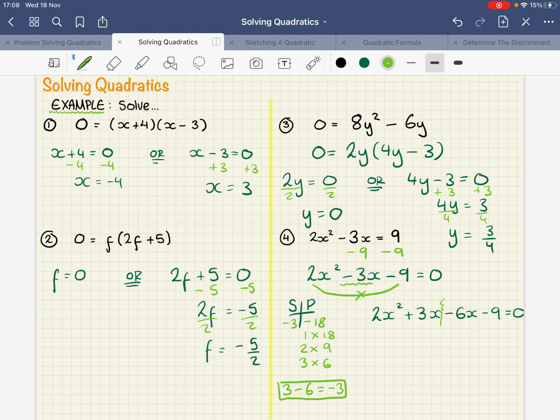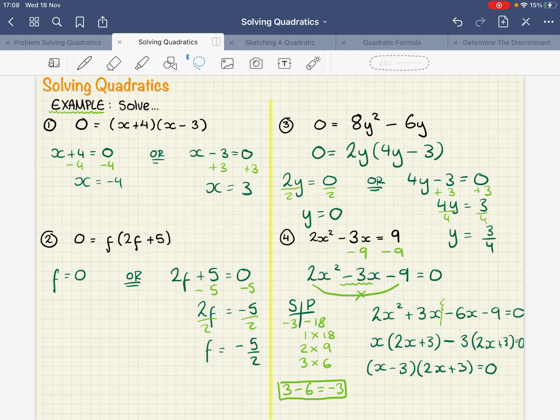Split it down the middle, factorize both sides, so I've got x bracket 2x plus 3. Take that minus sign, common factor there is going to be 3. And inside the bracket, 2x plus 3 equals 0. Ooh, a little bit squished there. And so I've now got x minus 3, 2x plus 3 equals 0.